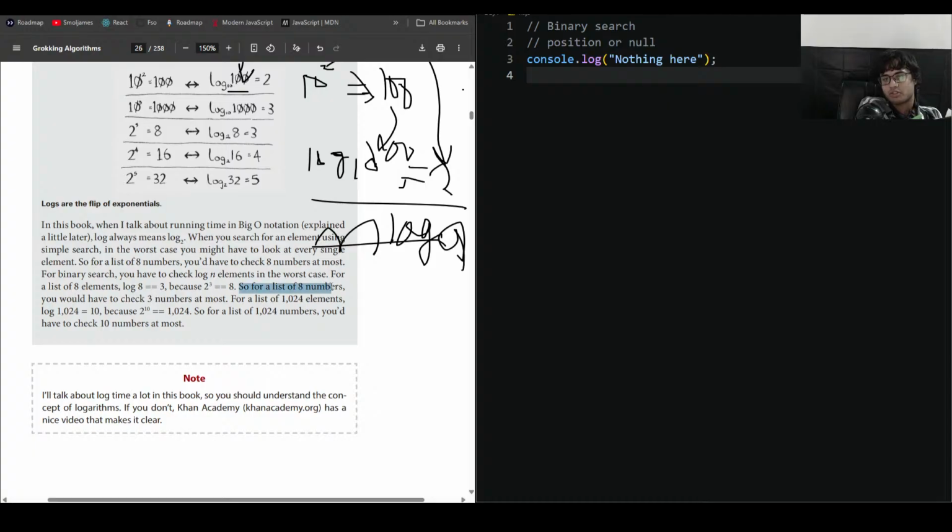So for a list of 8 numbers, you would have to check 3 numbers at most. And this log always means log 2.